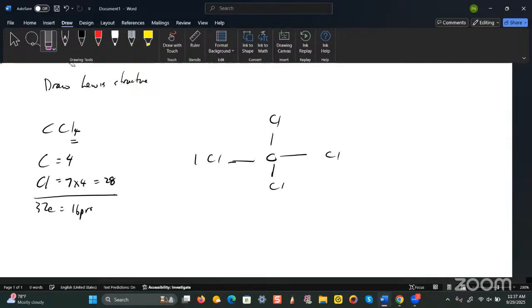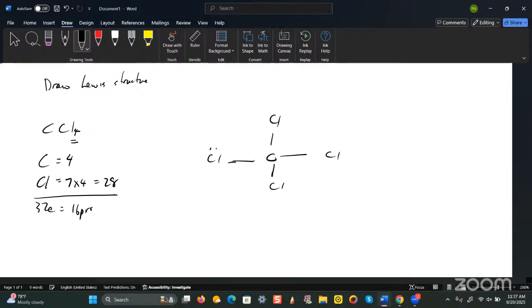Yes, ma'am. How did you get 16? Because the grand total is 30, whoops. Accidentally erased it. 7 times 4 is 28, right? 28 plus 4 is 32 electrons, which is 16 pairs. You just divide by 2 and you get the number of pairs, right? So we have used up 4 of the 16 pairs here as bonding pairs.